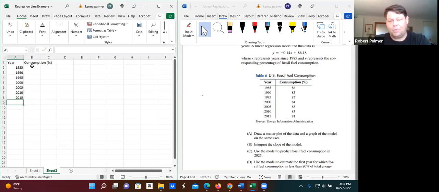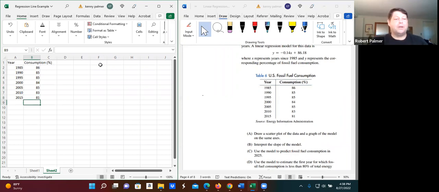Now let's put in our Y values. For the first year we have 86, for 1990 we have 85. Sorry, for 1995 we also have 85. For 2000 we have 84. For 2005 we have 85. 2010 it's 83%, and 2015 is 81%.